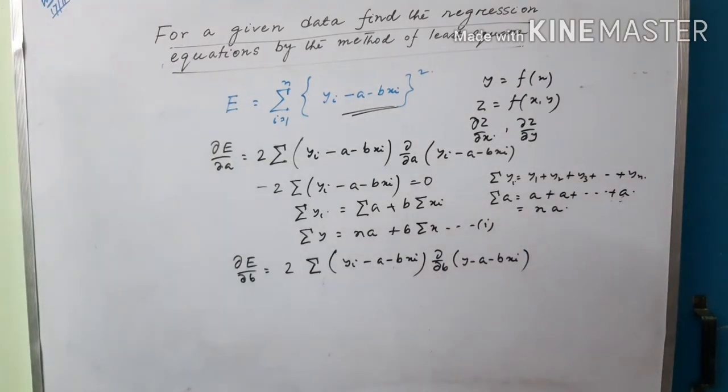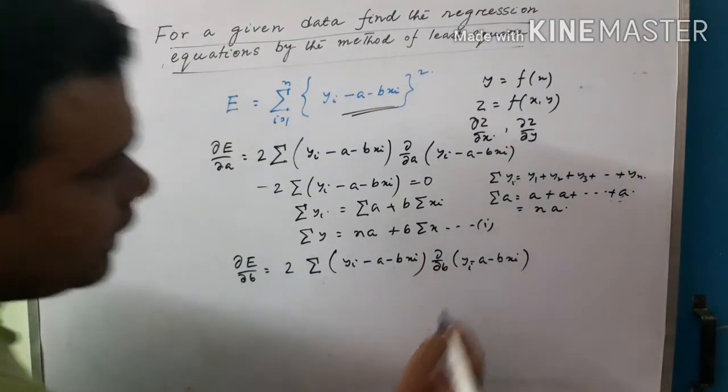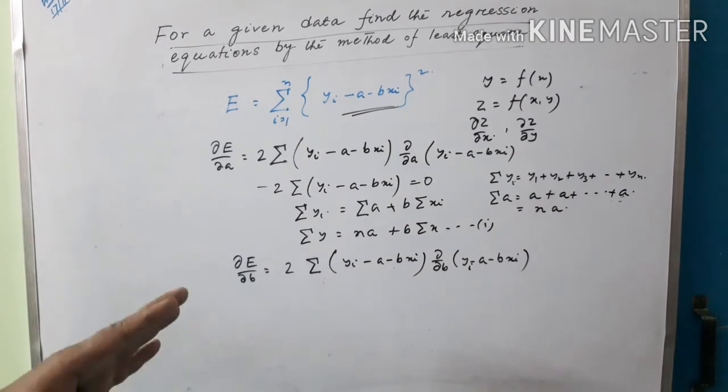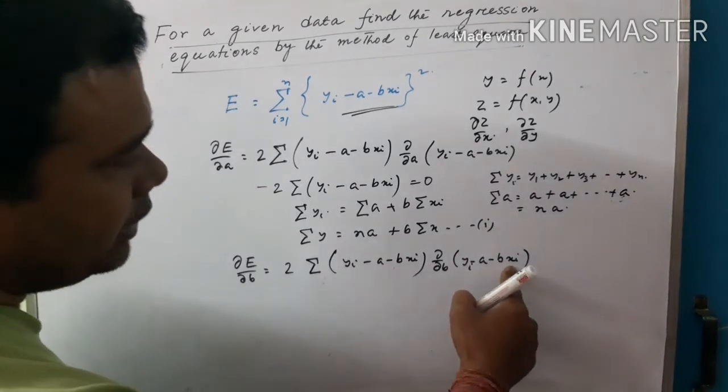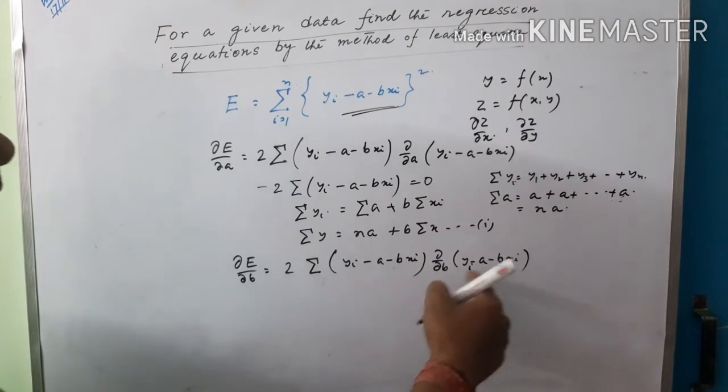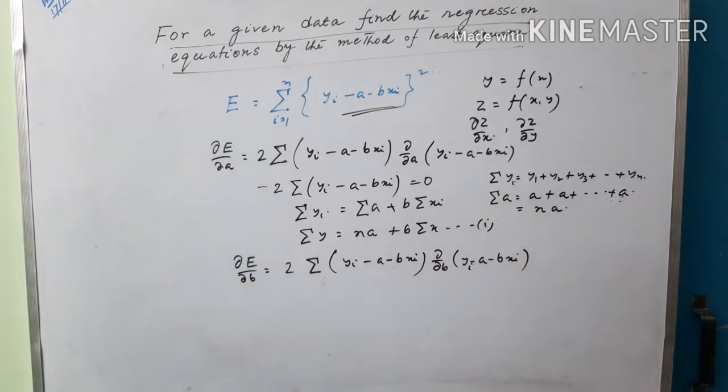Now see that yi and a are constant, so their derivatives are 0, and minus bxi has derivative minus xi, since xi is taken outside the derivative and del b of b is 1.